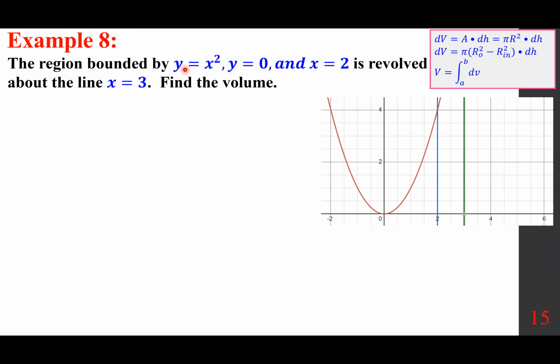This distance is x. We are revolving it about x equals 3. So this distance is referred to as R out, that means R out, which is 3 minus x.